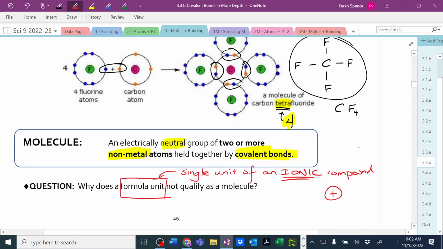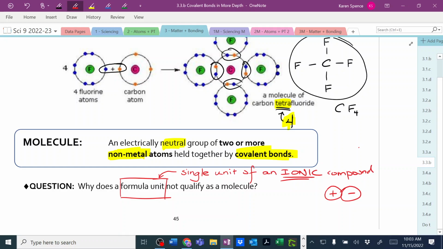So we would have 1 positive and 1 negative, okay? If I have an ionic compound, what's this structure called? This is a crystal lattice. And if I took just 2 of those, the positive and the negative, that would be a formula unit.